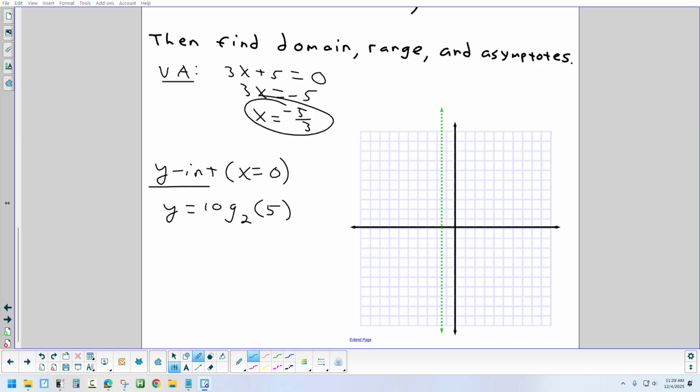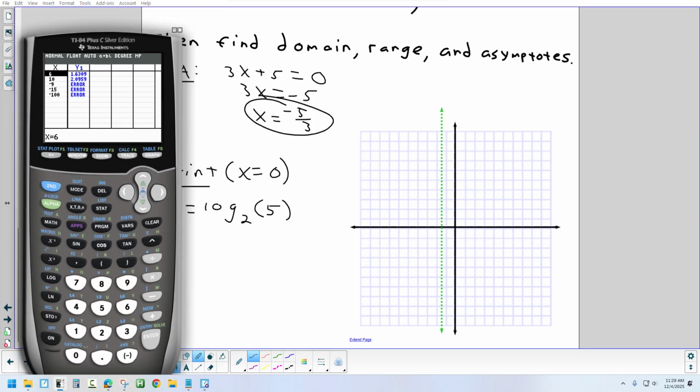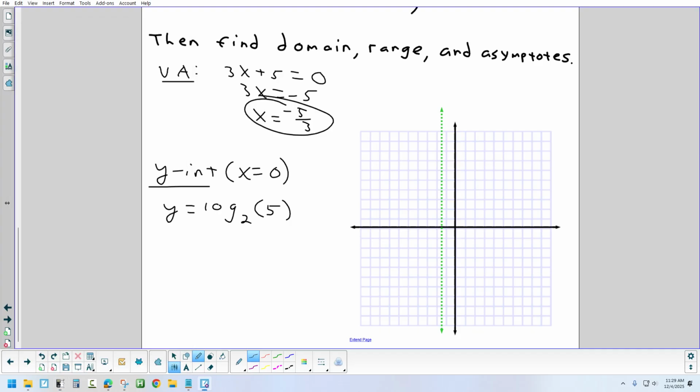Log 5 over log 2. Perfect. So my y-intercept is about 2.32. Okay, I've got enough information now that I know which way the graph is bending.